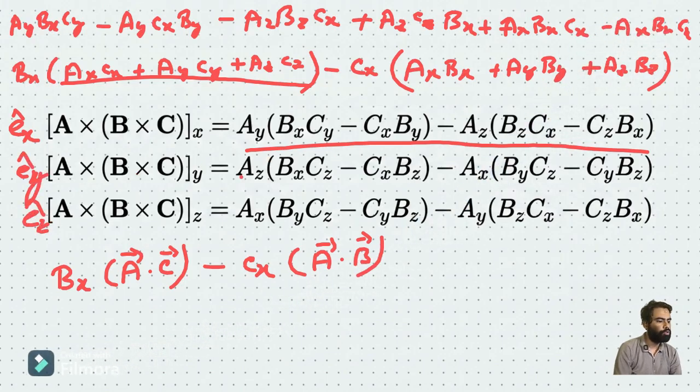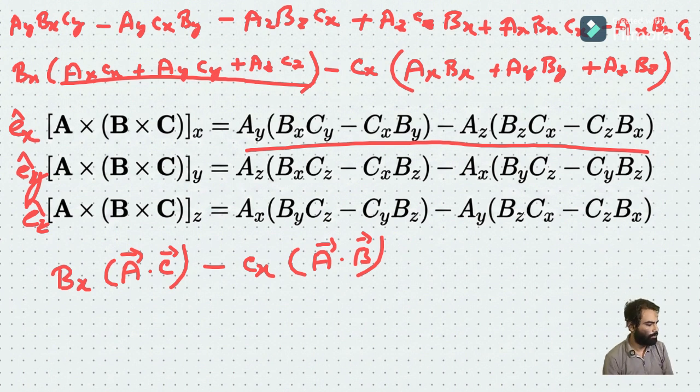What you only have to do is, in the component of EY, add AY BY CY and subtract it, and in the component of EZ, add AZ BZ CZ and subtract the same, right?